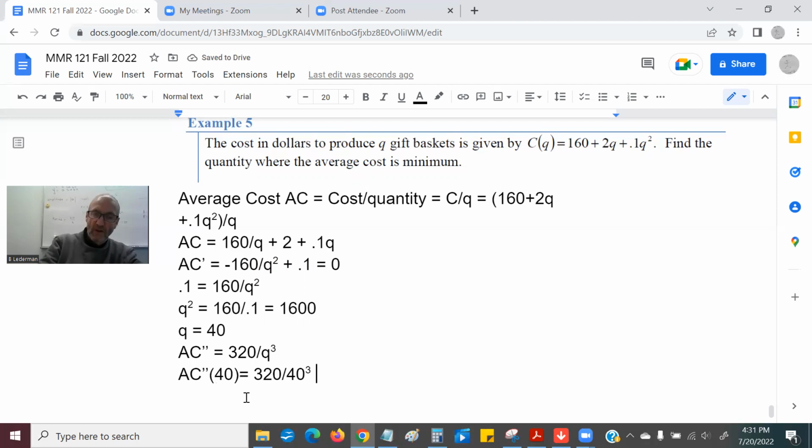So it's definitely greater than 0, which means it's concave up, which means 40 is a minimum. Yes, there you go. So that is the minimum value.